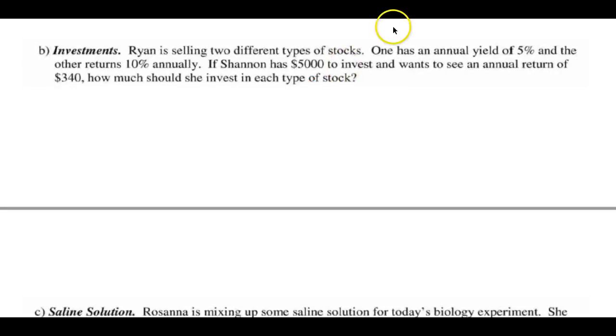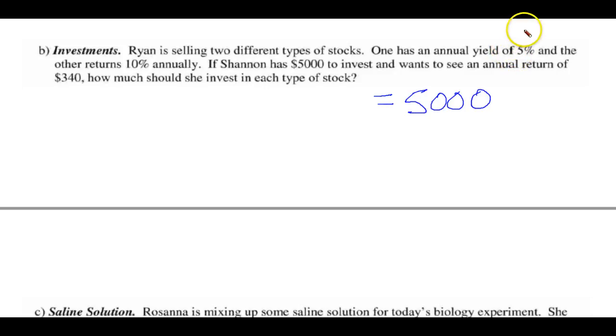Now in this one we have a total amount of stock that someone wants to invest. So this would be 5,000, and we want to say how much of this 5,000 will we invest at 5%?